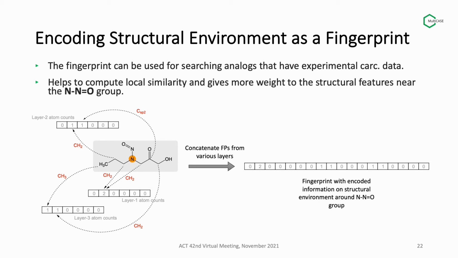This is just a schematic, simplified representation. In actual practice, these fingerprints are much larger, with almost 1,000 elements. This fingerprint contains the information about the structure and environment around the nitrosamine group, and it can be used to search for analogs for which we have experimental carcinogenicity data.